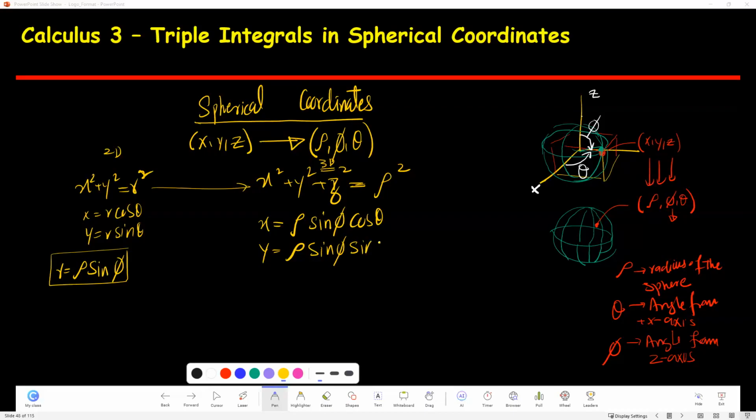So really in y we have both sines, in x we have one sine and one cos. Other than that, nothing else is changing. We have to remember these three formulas when we do the problem.